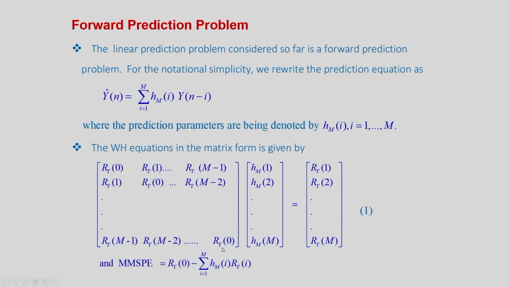This is the autocorrelation matrix, and this is the filter coefficient vector, first element h_m1, then h_m2, like that, and the right hand side is the autocorrelation vector R_y(1), R_y(2), up to R_y(m). Correspondingly, the minimum mean square prediction error is given by R_y(0) minus summation h_mi into R_y(i), i going from 1 to m.